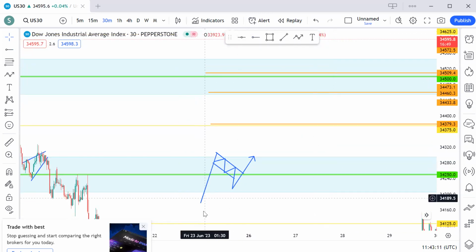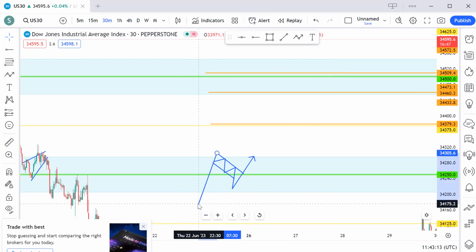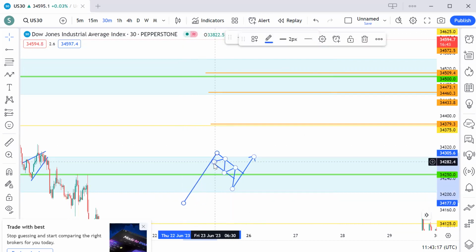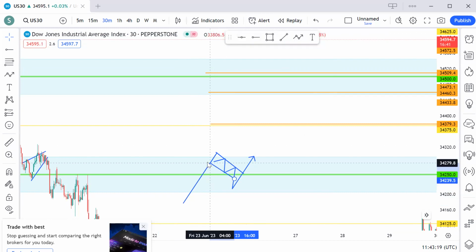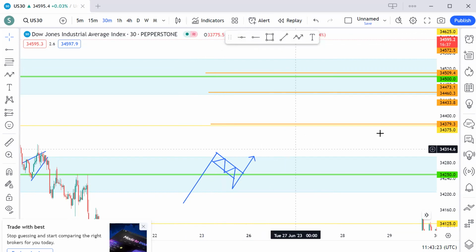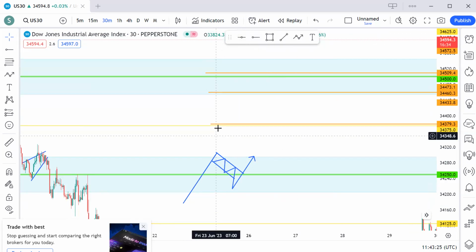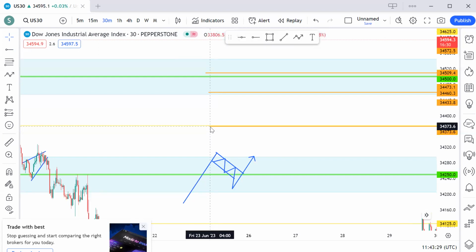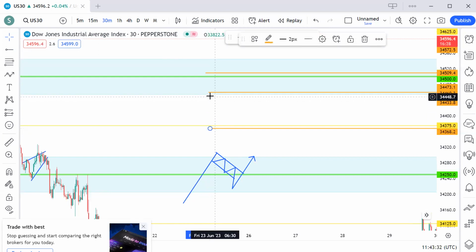We want to set our TPs at least 2 points below these areas.